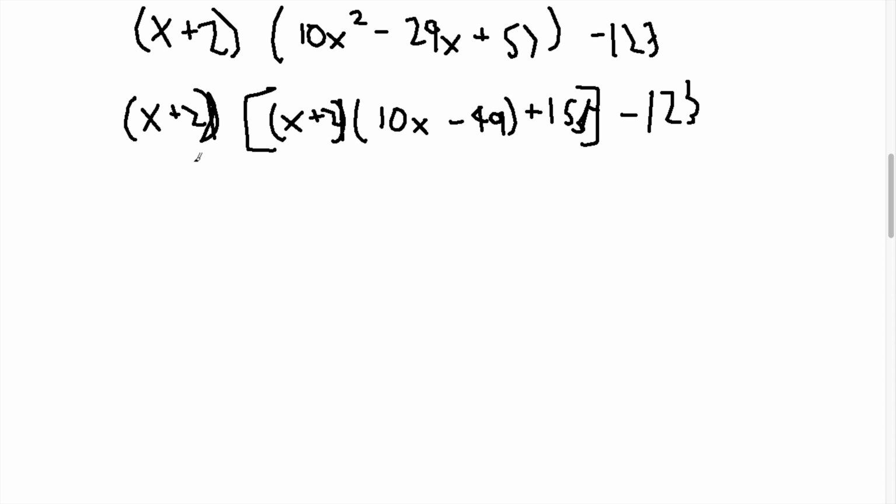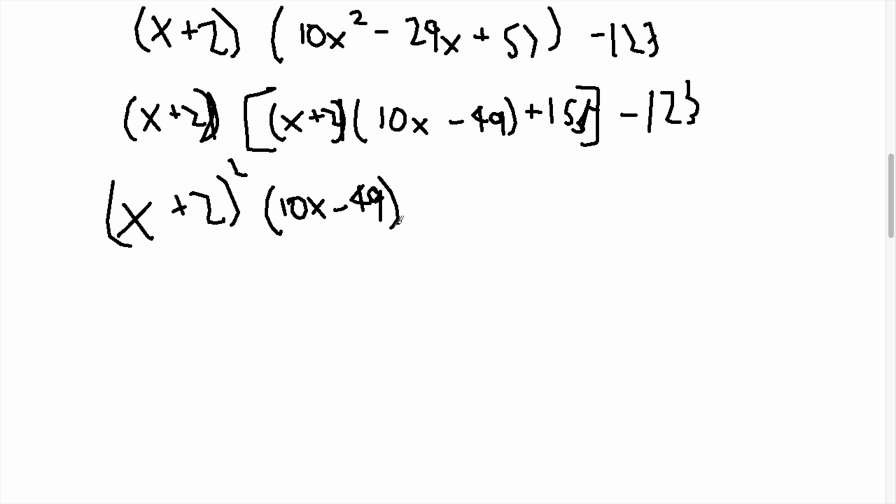After you have this, you distribute x plus 2 inside the brackets, which gets you x plus 2 squared times 10x minus 49 plus 155 times x plus 2 minus 123.